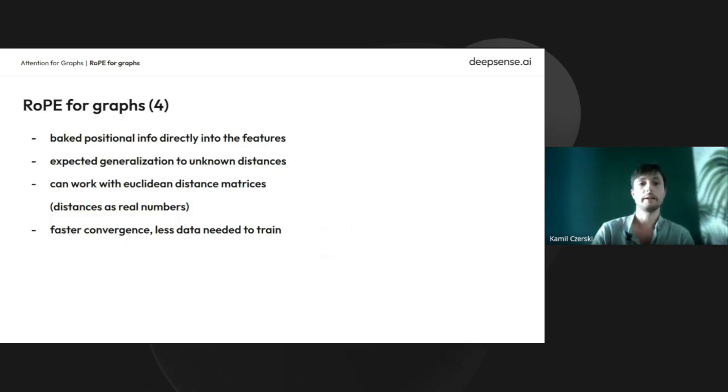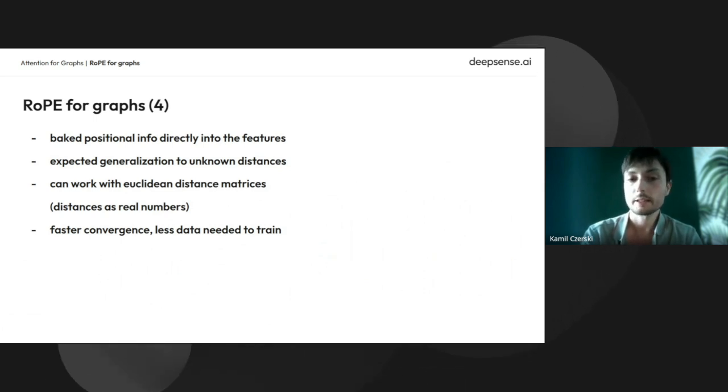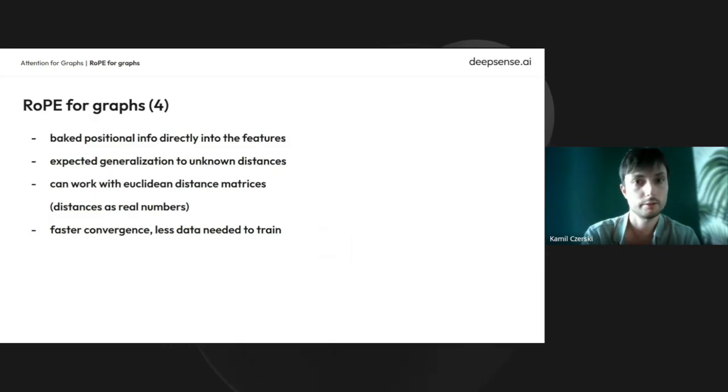And what are the nice features of this RoPE? You have baked positional information directly into the features. You can expect generalization to unknown distances. That means, for example, let's say your training data set has distances from 0 to 255, but it lacks distance 217. There is no such sample in your data set.